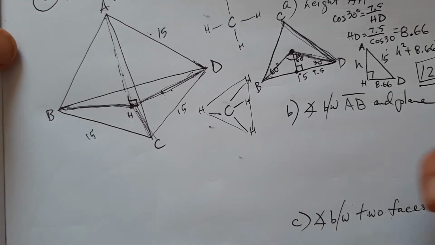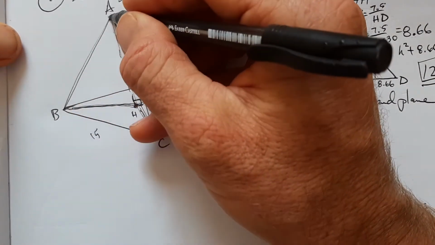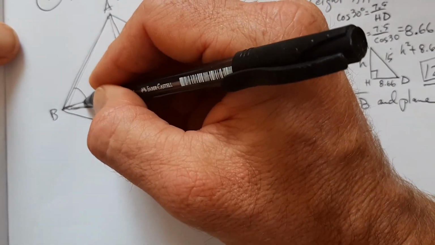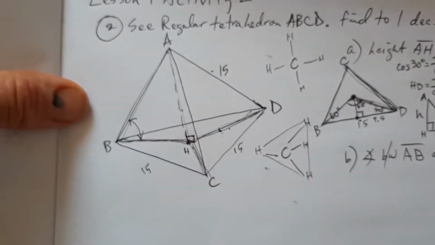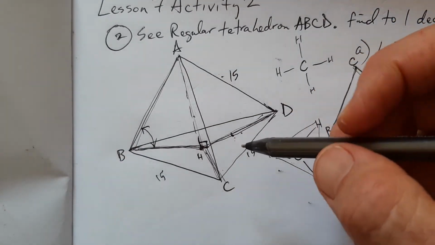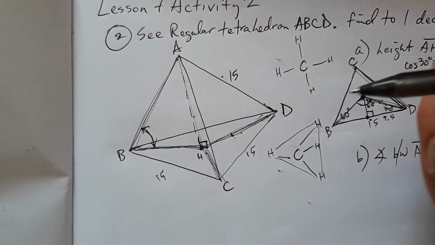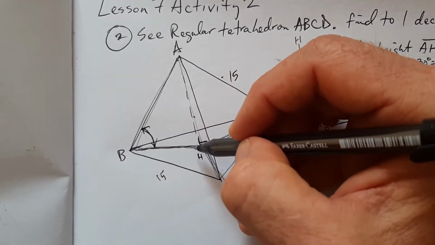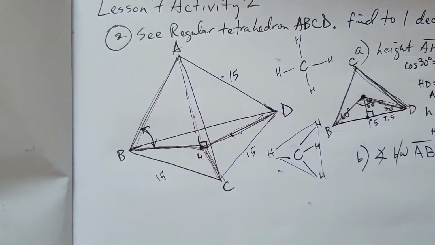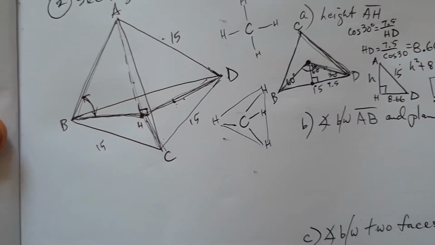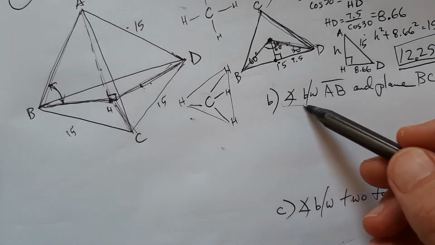So this AB and the plane, okay? So anytime it's giving you something like this, well, that's a little confusing, but what that is the angle between this line BH. So we could go ahead and rewrite this instead of this being a sentence.